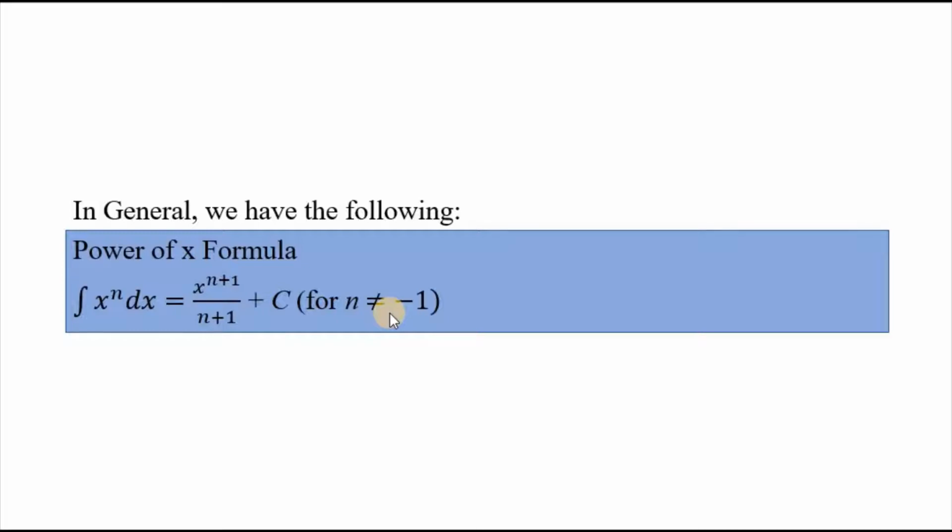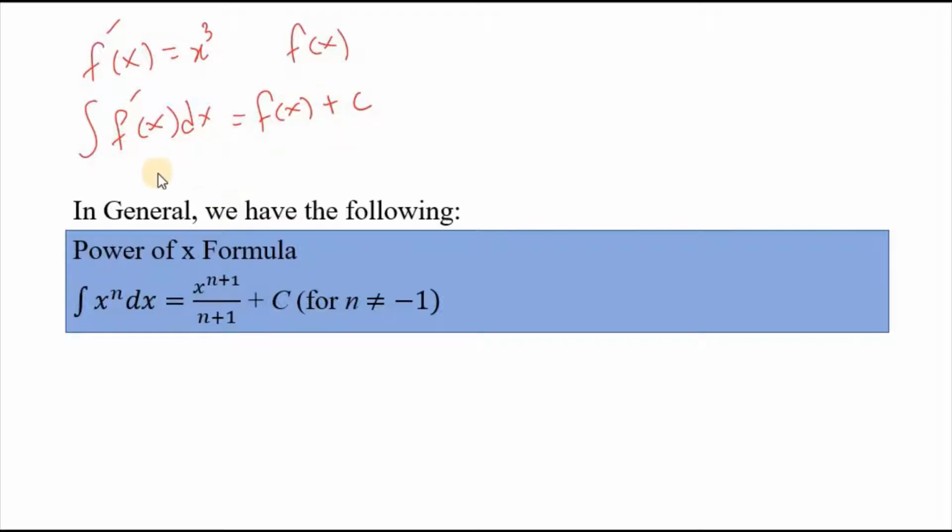So using the previous example, if I have f prime of x equal to x cubed and I want to find f of x, then I will find the antiderivative of this function, and that will give me f of x plus c.